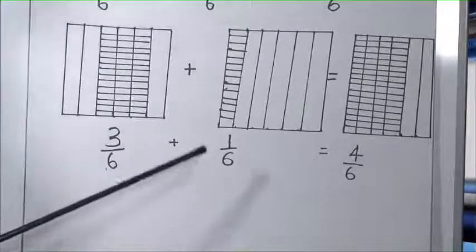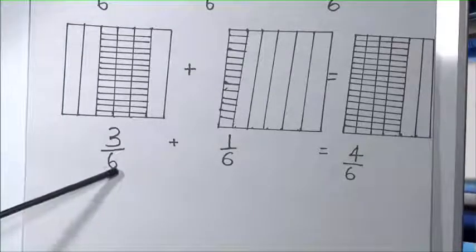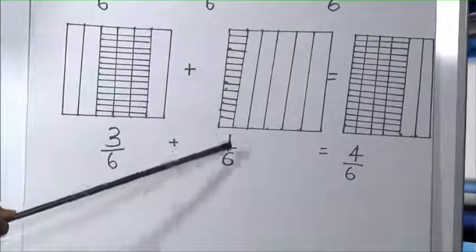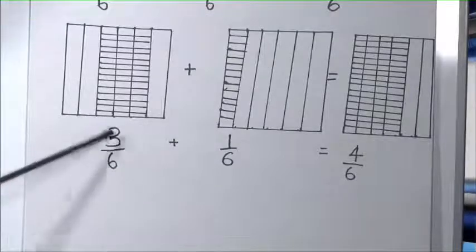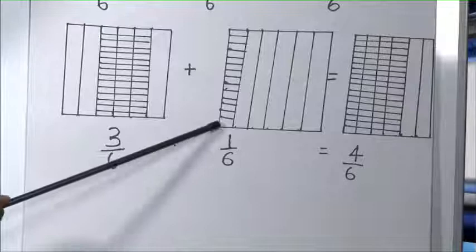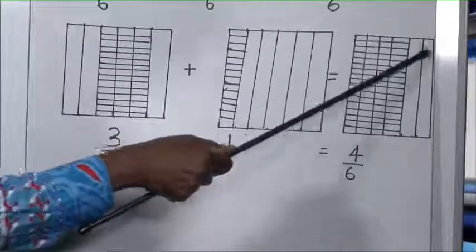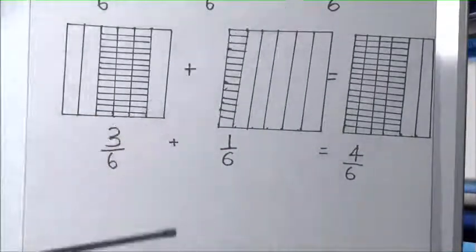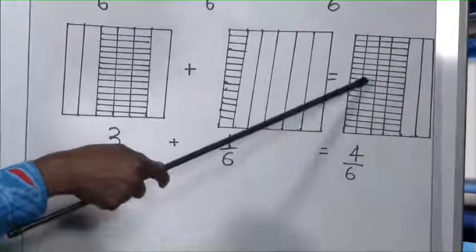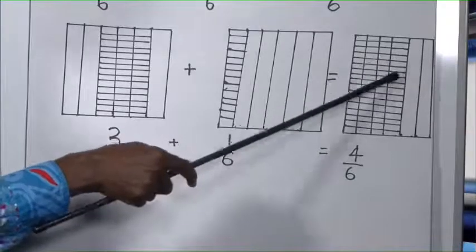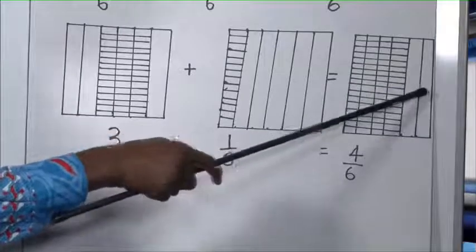1/6. So children, if you have 3/6 and you have 1/6 and you add, you have 3/6 plus 1/6. This is what it gives you. First of all, how many parts? Count. 1, 2, 3, 4, 5, and 6.